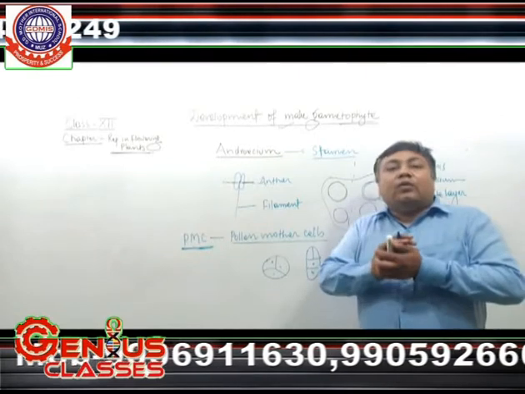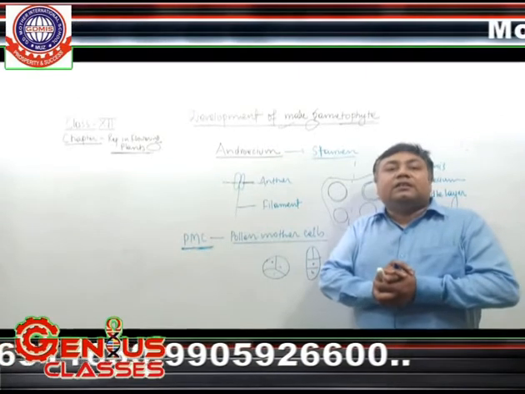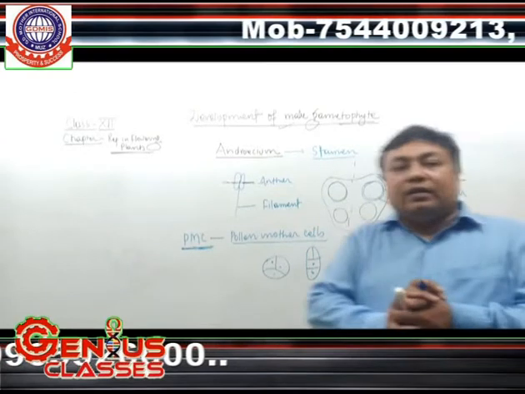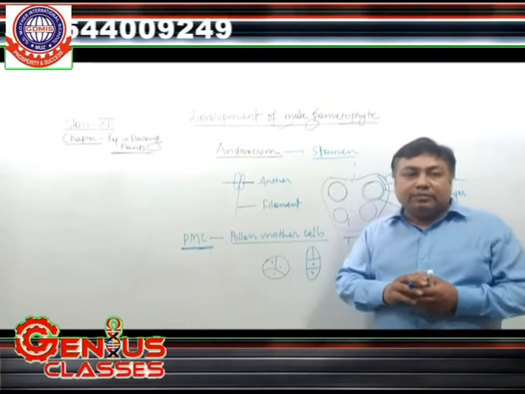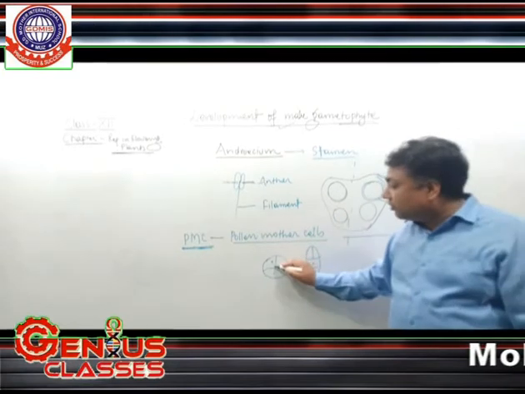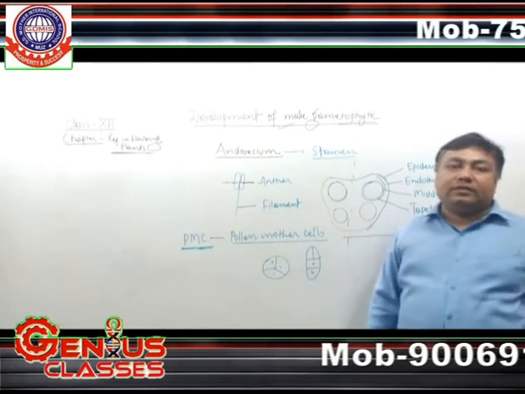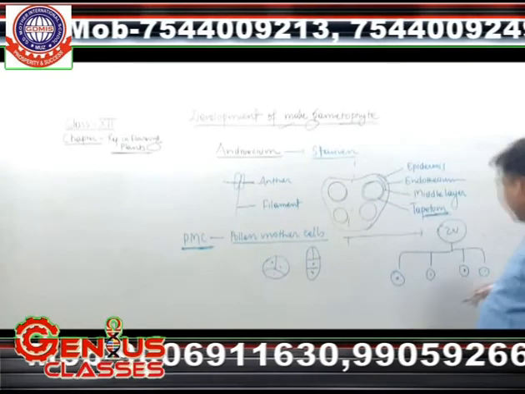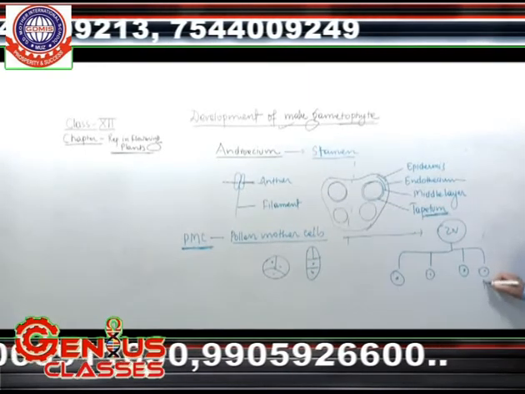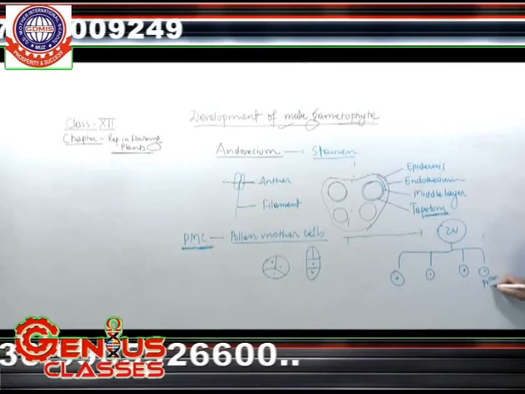When the 4 daughter cells remain united inside the microsporangium, such structures are called pollen tetrads. After some time they become separated and are known as pollen grains.